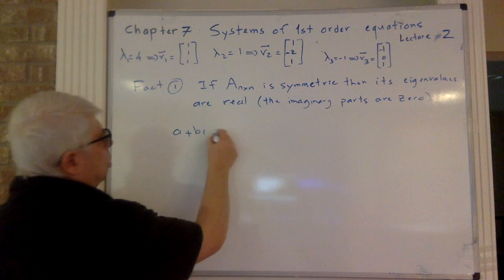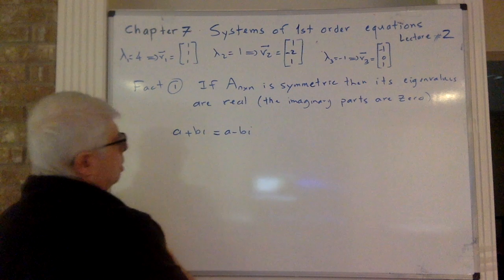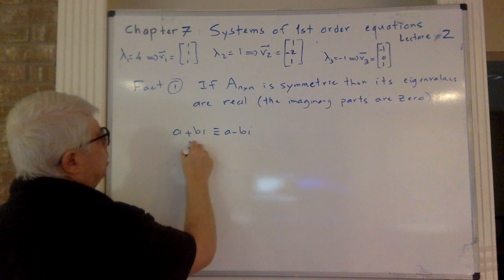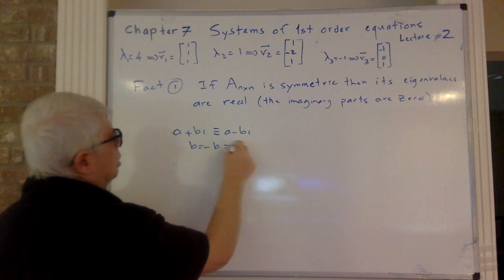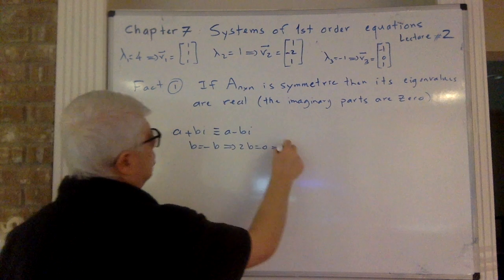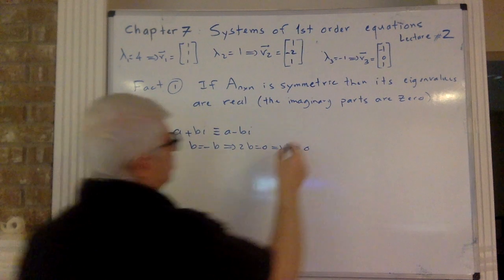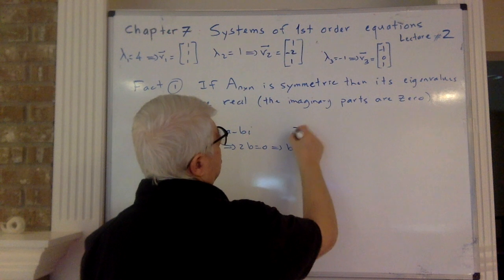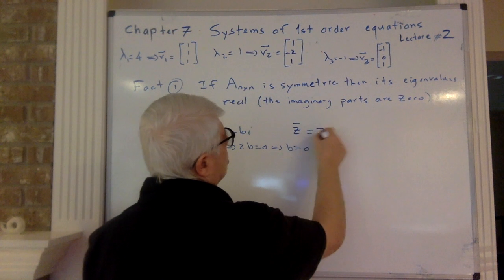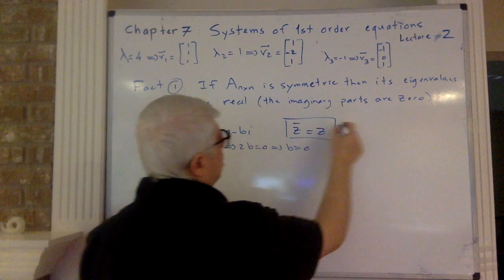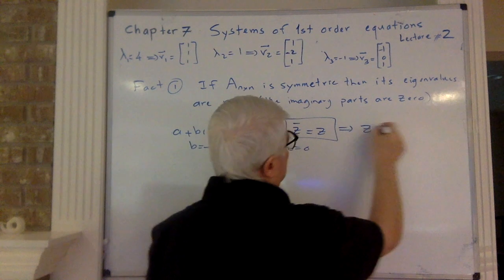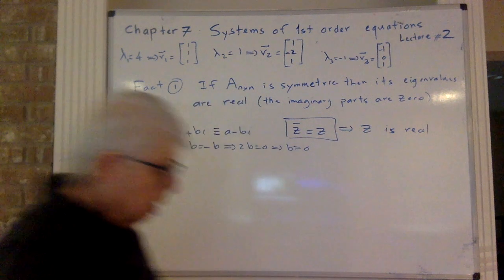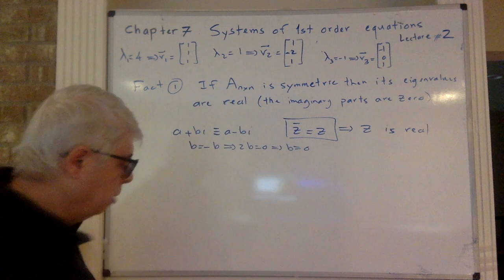If this equals A minus BI, then A is equal to A. Then B should be minus B, and this gives me 2B is 0, and this gives me B is 0. So a real number has this property that its conjugate equals itself. That gives me Z is real, right?